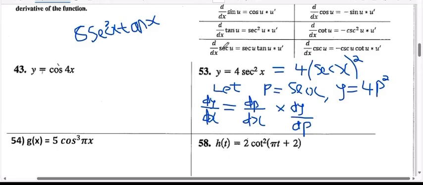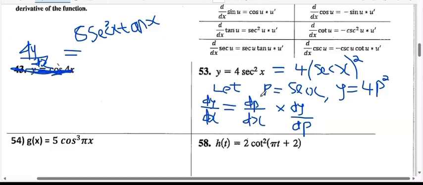I told you the other time, differentiating sec x is sec x times tan x. So the dy/dx right now is going to be equal.